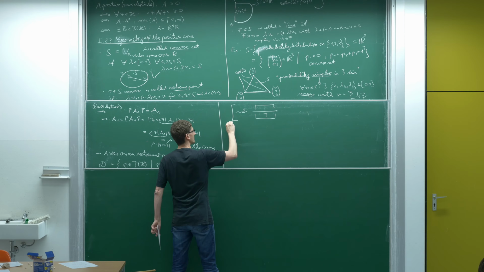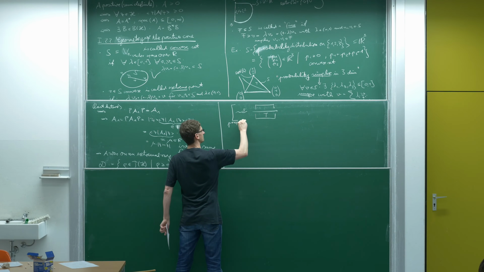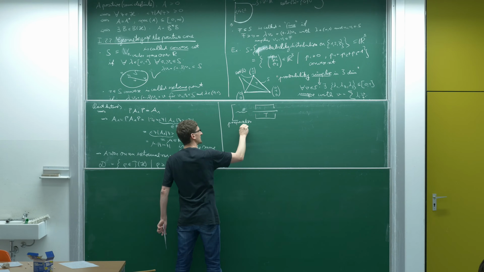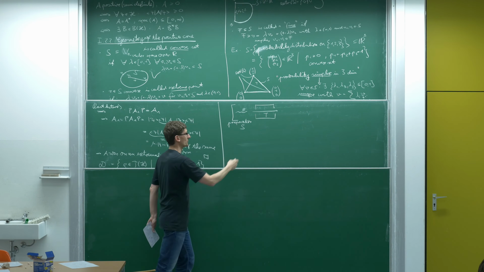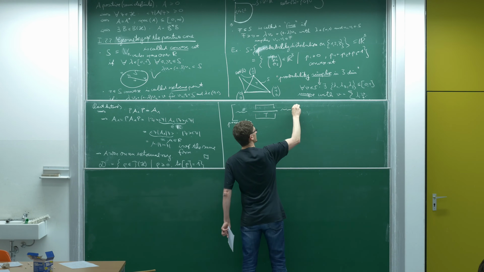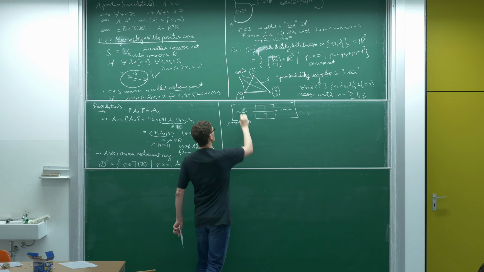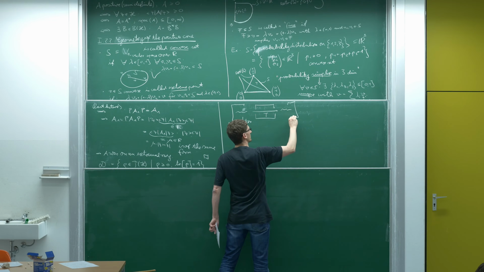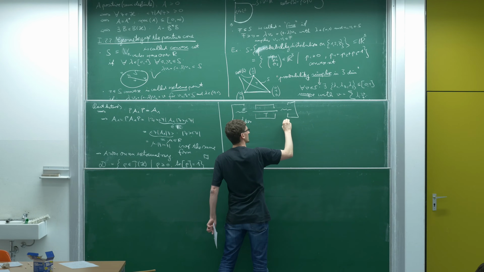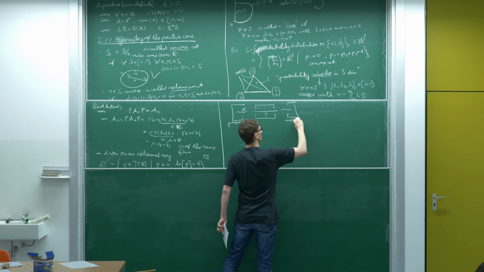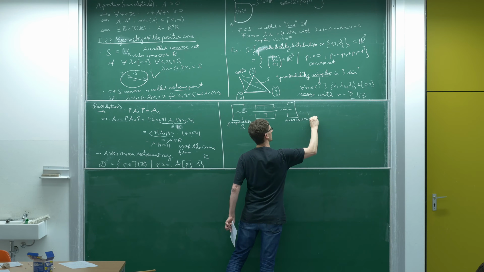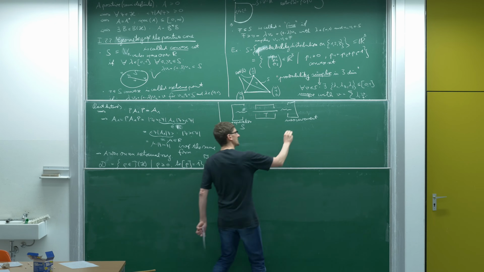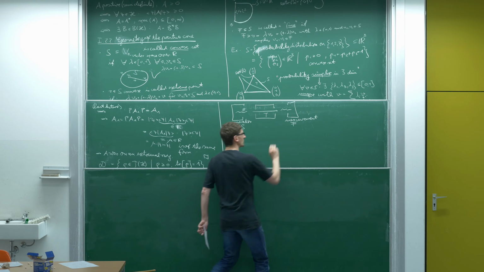So preparation, described by a density operator rho, maybe undergoes some quantum evolution, and then at the end of our experiments we usually perform a measurement, or compute an average or something like this, and this is described by measurement operators.